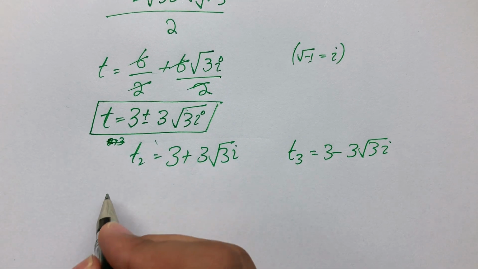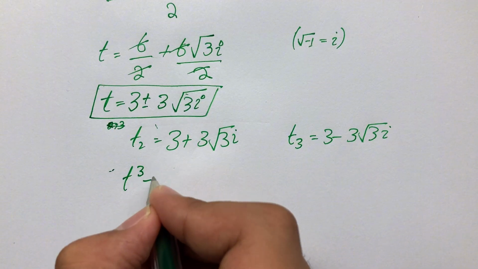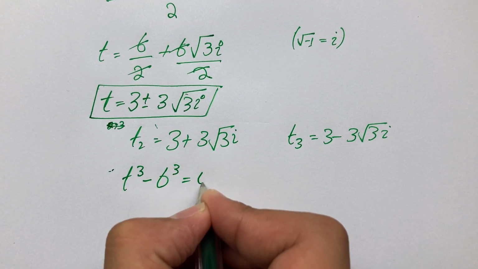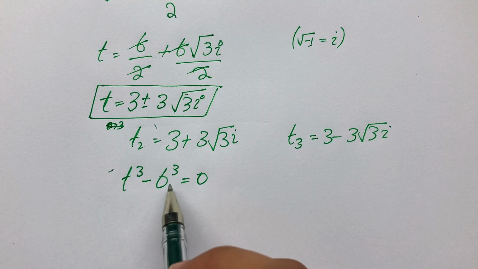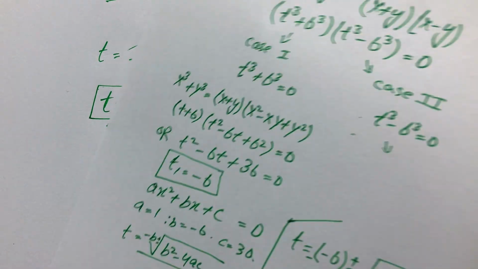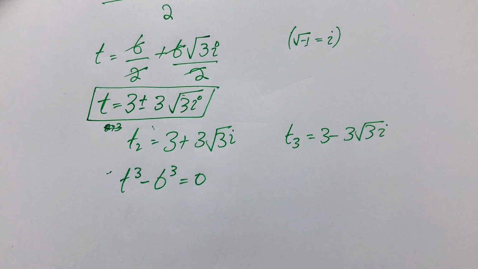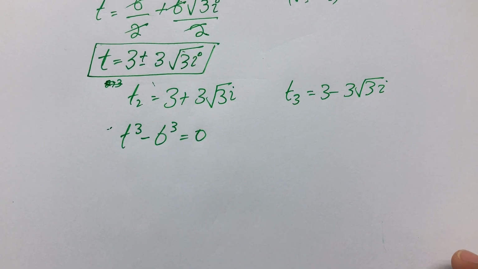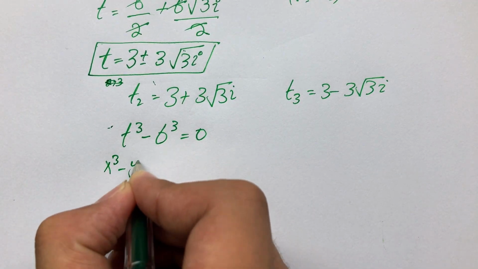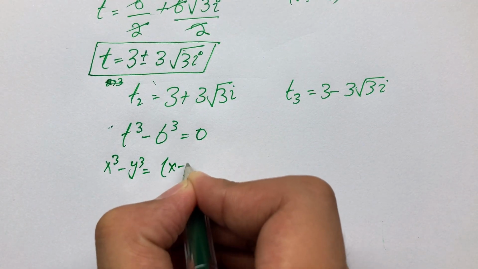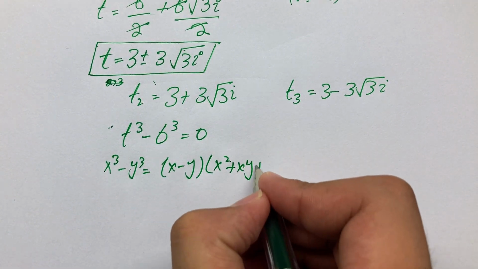So now again t to the power 3 minus 6 to the power 3 is equal to 0. Now we said case number 2, where we call this equation. So now we use x to the power 3 minus y to the power 3 is equal to x minus y into x square plus xy plus y square.